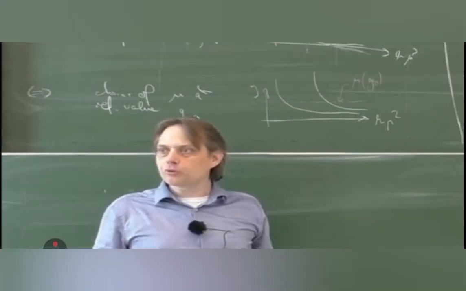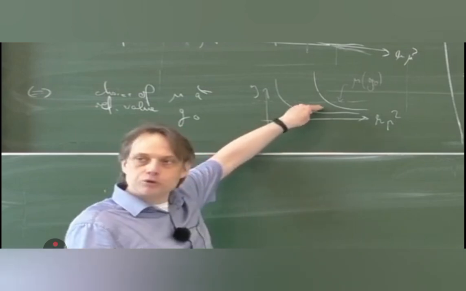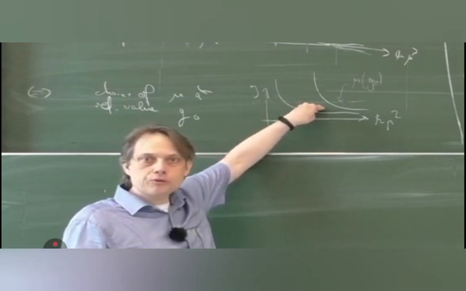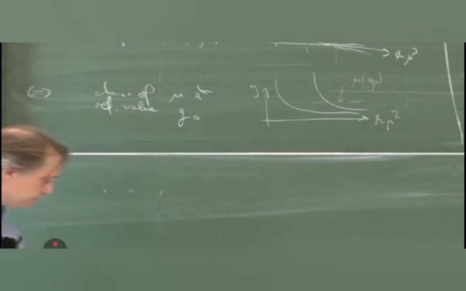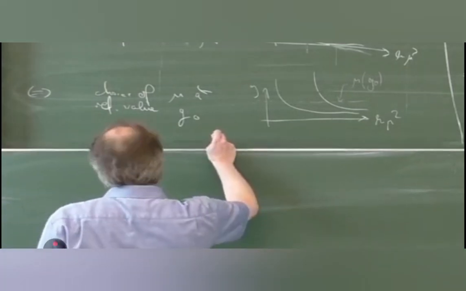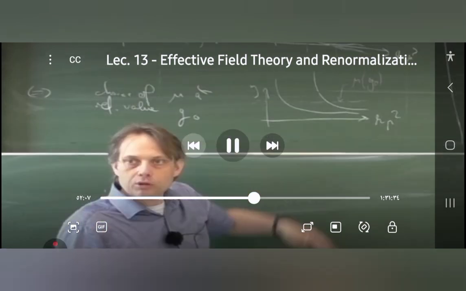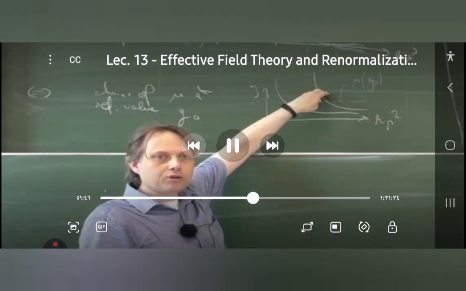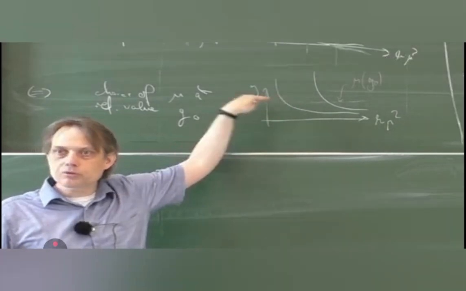So classical QCD is one thing, but QCD at the quantum level has zero parameters. That is the outcome of the quantum theory. Definitely not the horizontal lines.